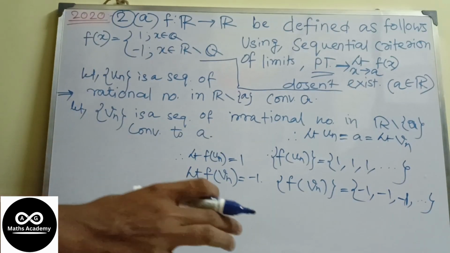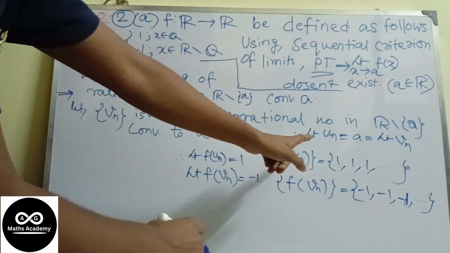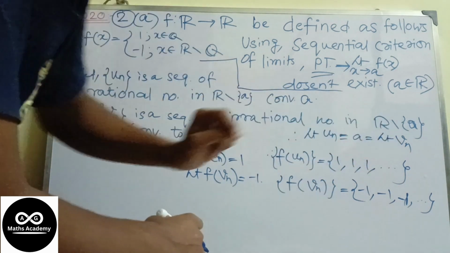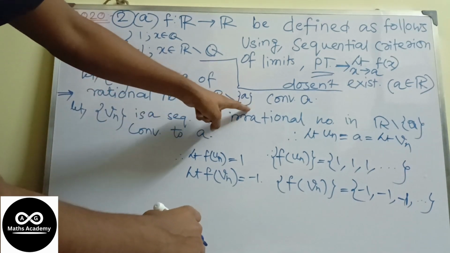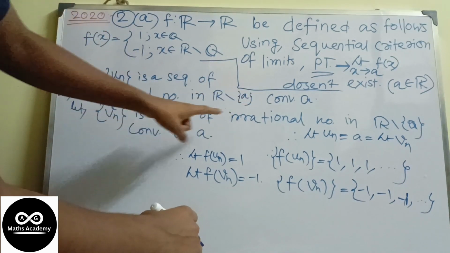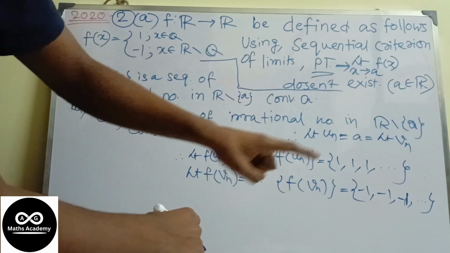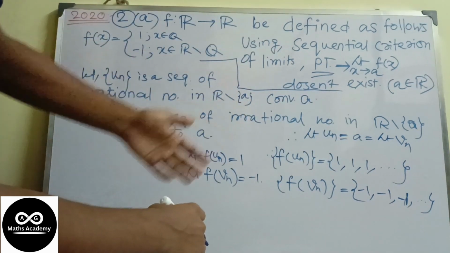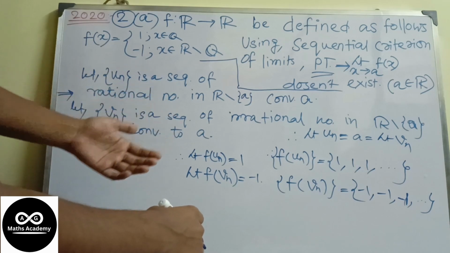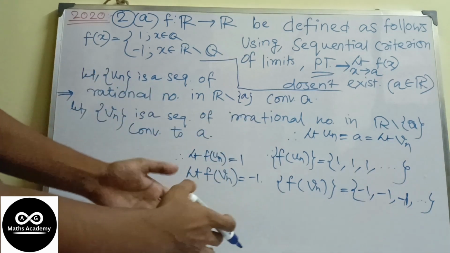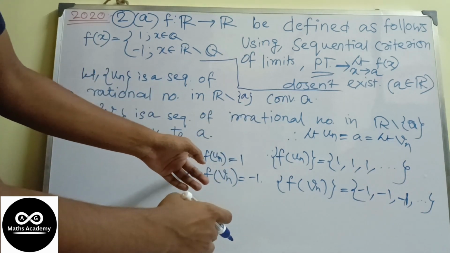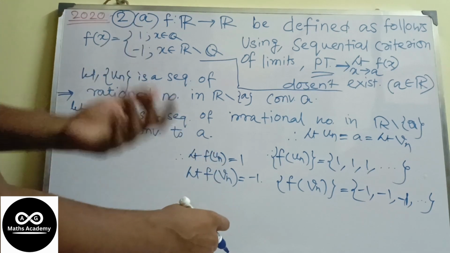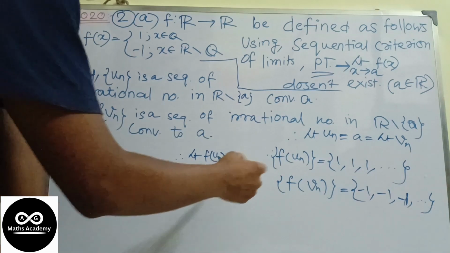So now what do we get? We get two sequences un and vn, both from R minus A, and they are converging to A. So by sequential criterion, f of un and f of vn should converge to a single limit, but they are converging to different limits.